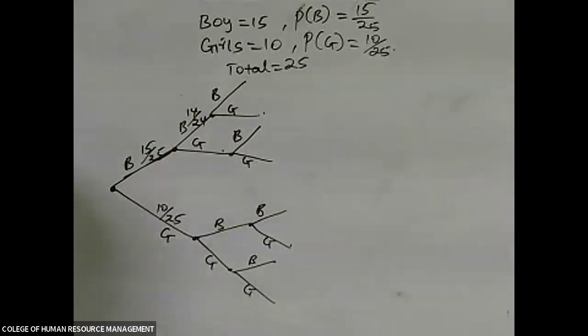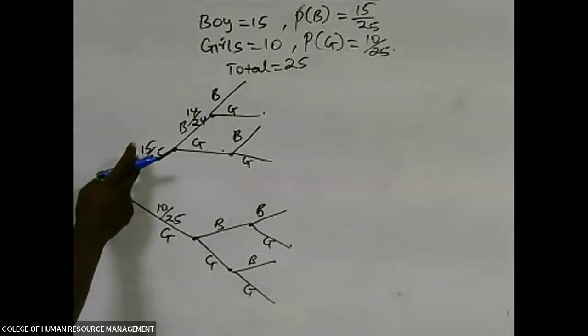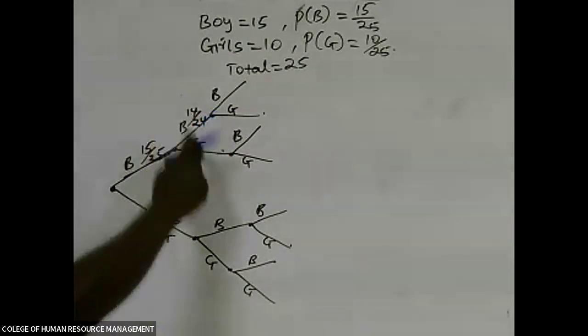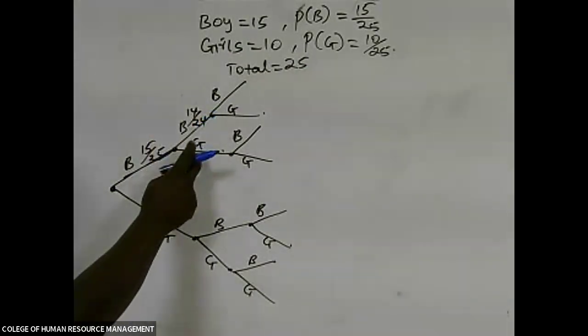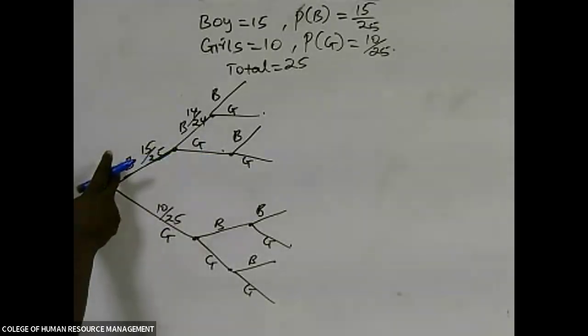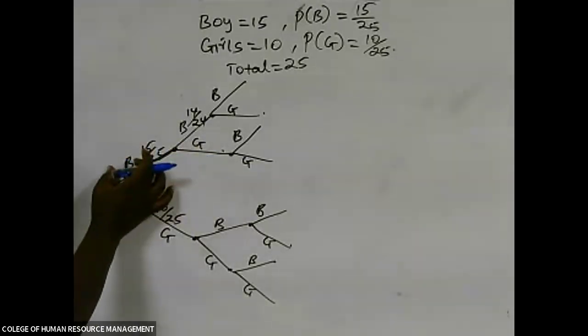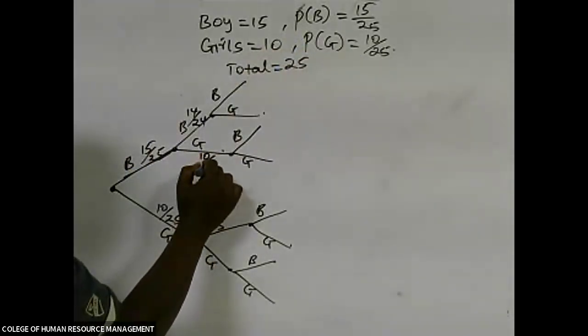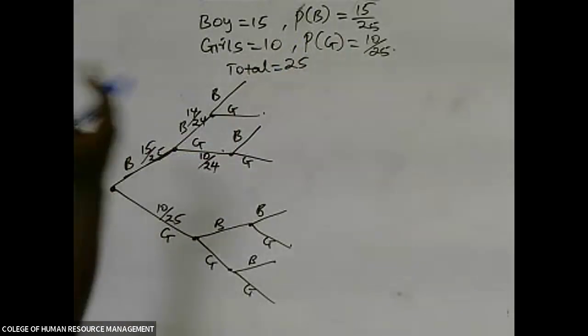If a boy is already picked here, the remaining boys are 14, the total is minus 1, over 24. What about the probability that the second to be picked is going to be a girl if the first one was a boy? Remember, we have not picked a girl, so the number of girls are still 10 out of 24 because already one boy is picked.